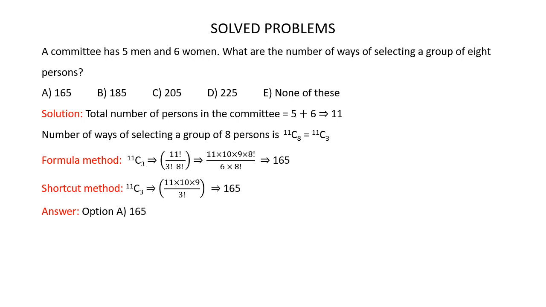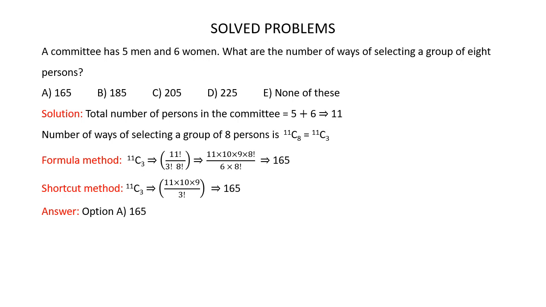Now using the shortcut method, the value of 11C3 will be starting from 11 in the descending order. There has to be a multiplication of 3 numbers and this has to be in the numerator. So 11 multiplied by 10 multiplied by 9 is in the numerator, and in the denominator it is 3 factorial because 3 is the subscript here.